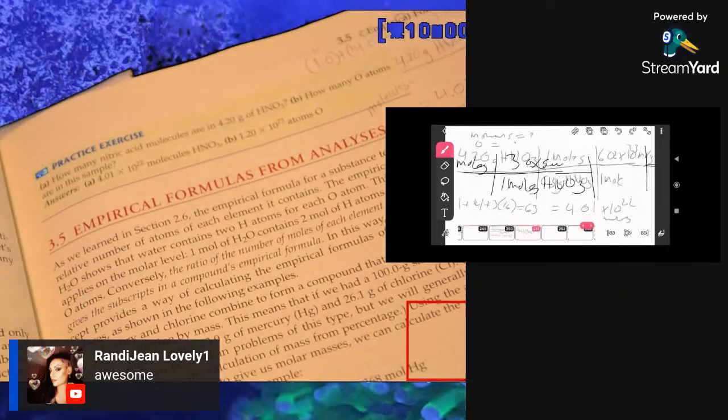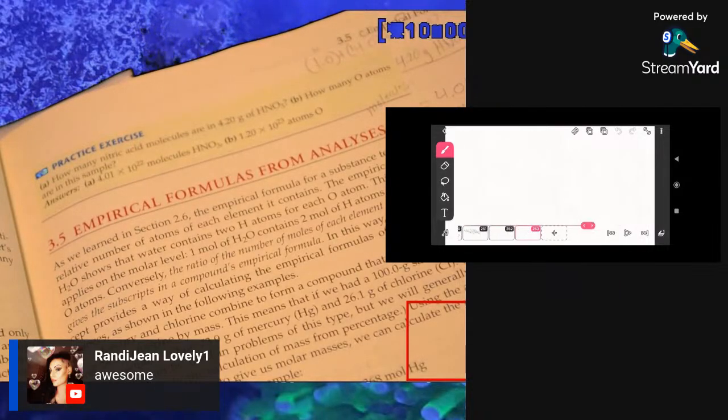Okay, but let's take the answer we got, 4.01 times 10 to the 22 molecules of nitric acid, HNO3. All right. And then you do the same thing.